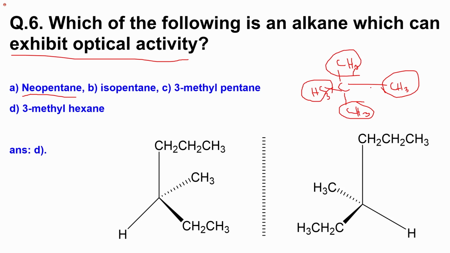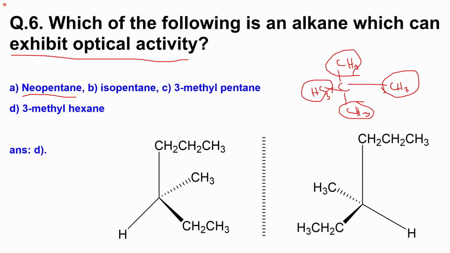Then only it can show optical activity. Optical activity means that if you inject this sample into a polarimeter, it will show rotation either in a positive or negative direction. So it depends on whether the alpha value is positive or negative, R or S value. But we will not go into that here.